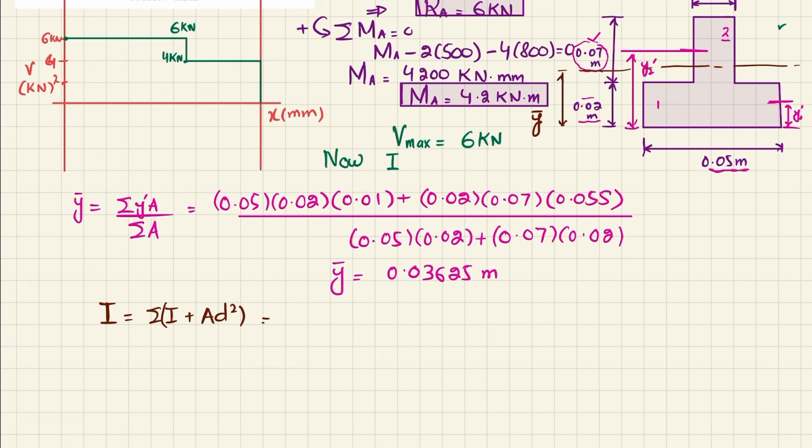Clear? For this one, this area, the moment of inertia is equal to 1/12 its base, which is 0.05, and its height, which is 0.02 whole cube, plus area, which is 0.05 into 0.02, and d square.